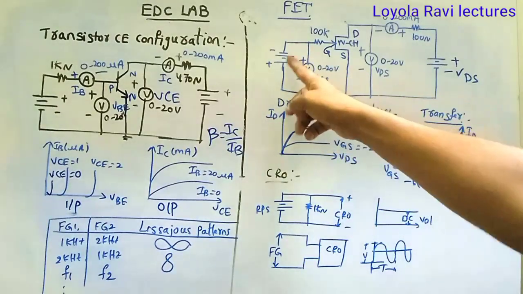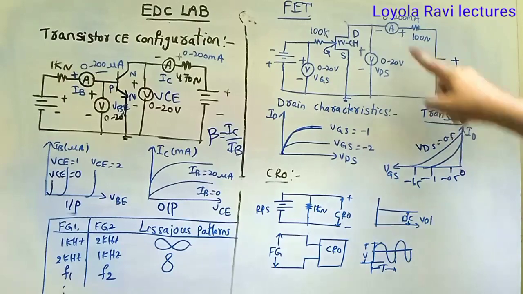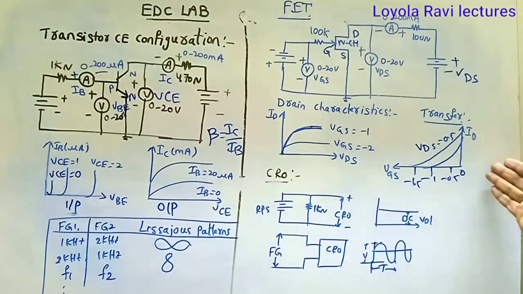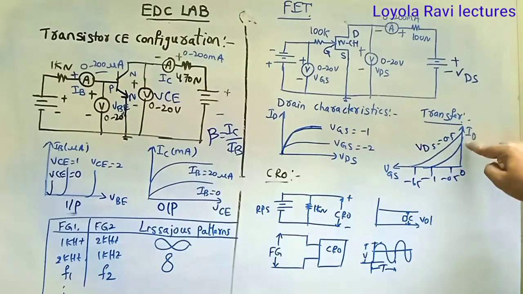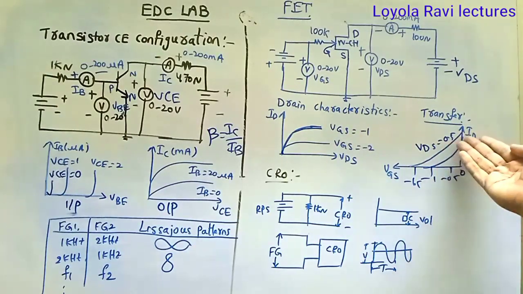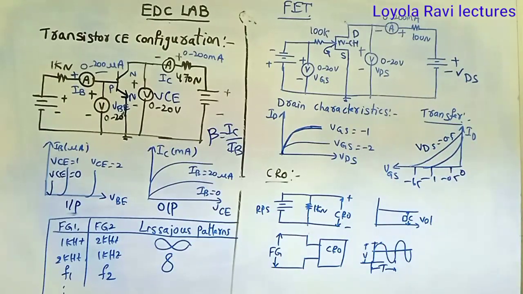Why? Because VGS is negative. You will find that at 0 you get the maximum ID. If you increase VGS negatively, the current decreases slowly. Then take VDS equal to 0.5 and similarly VDS equal to 1. You may draw the characteristics or tabulate the values for the transfer characteristics. This is about FET characteristics.